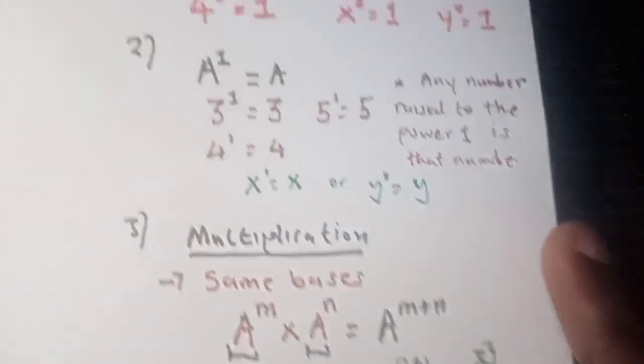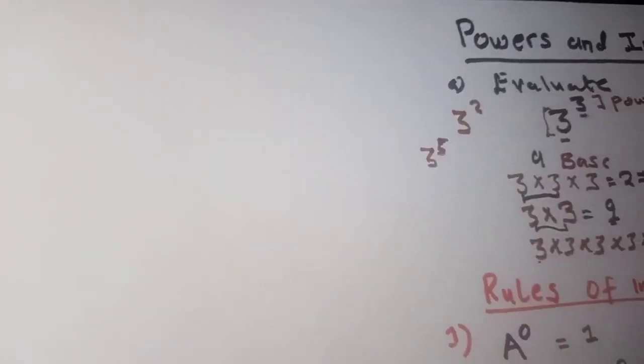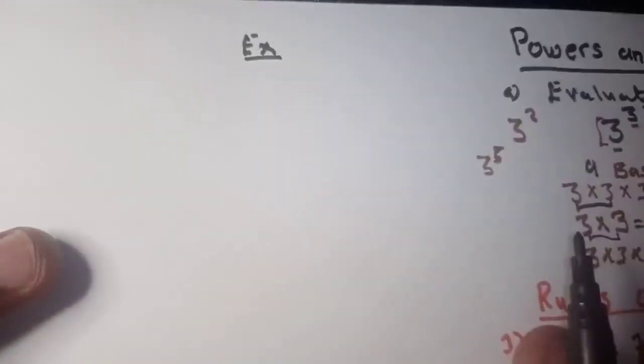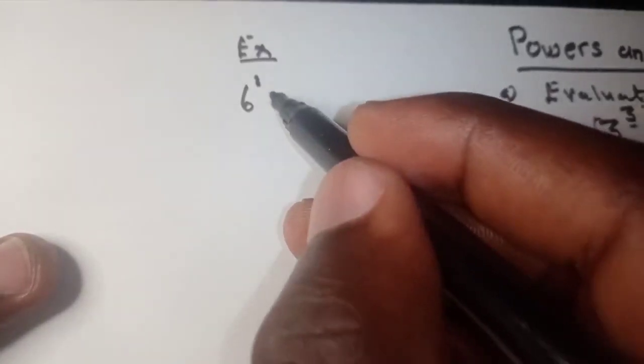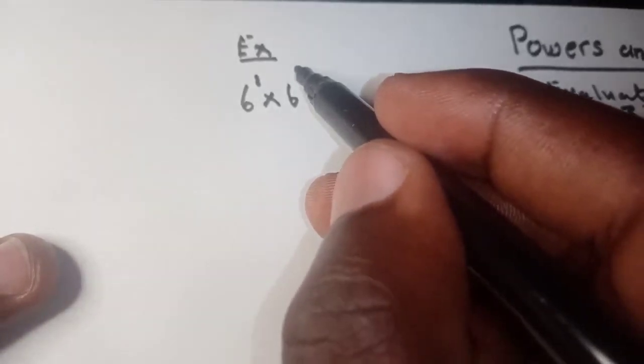Okay, let's look at another example under multiplication. In this example you are given 6 to the power 1 multiplied by 6 to the power 0.